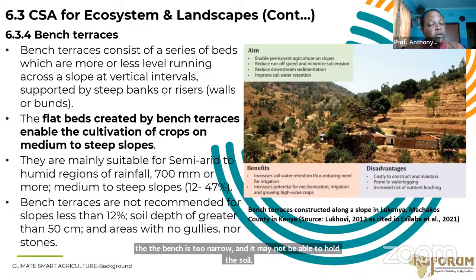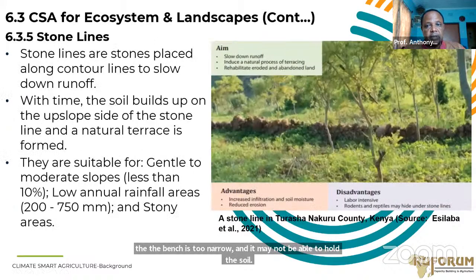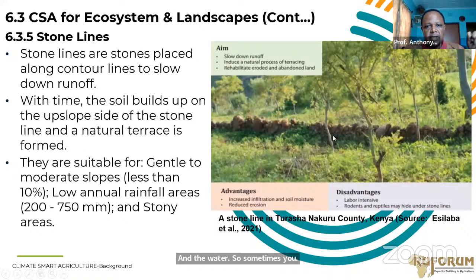So sometimes you bring in even ditches, or you bring in stone barriers, as you can see here, to just slow down the runoff and induce a natural process of terracing, and also you rehabilitate eroded and abandoned land. This is mostly in dry areas, for those who come from dry areas, or semi-arid and arid areas, which tend to be rocky.